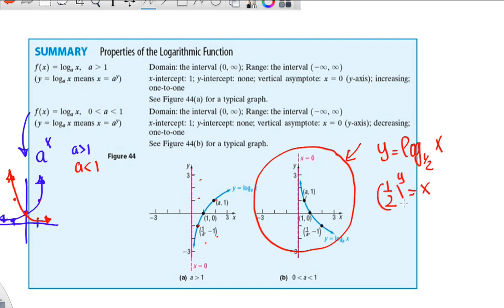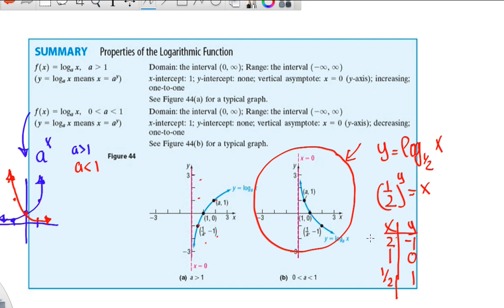And then that way I'm just going to fill in for y values that I know. So I'm going to fill in, for example, a y value that I know, 0. Anything to the power of 0 is 1. So I'm going to hopefully get it this way. And then if I use a y value of 1, I know that I would get a half. And if I used a y value of a negative 1, I flip this thing, so that would give me the 2, and then I would graph it over there.